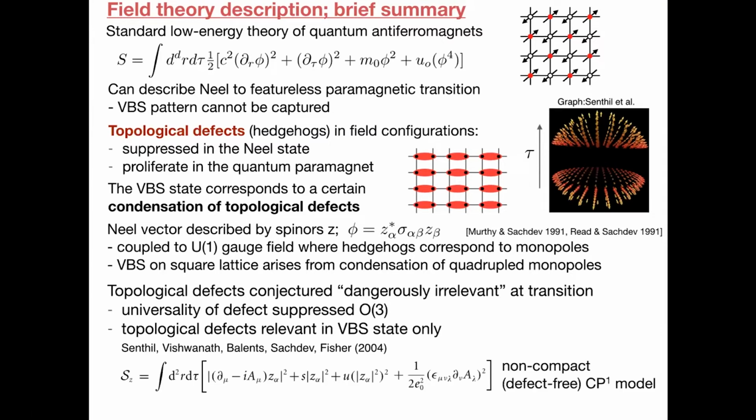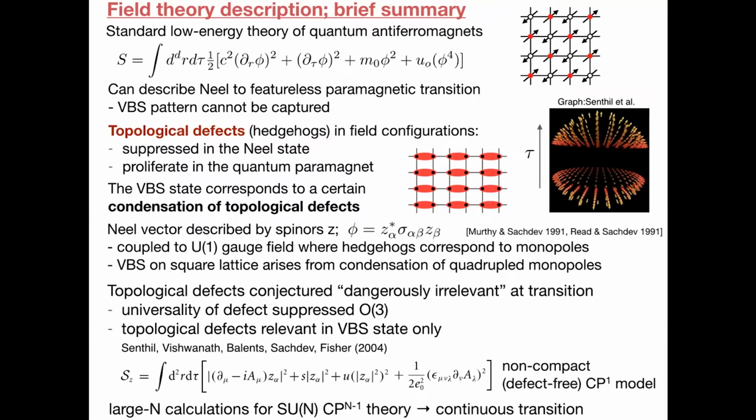I'm just flashing the picture, but this is one of the theories, the first one presented in the 2004 paper as the field theory describing the transition. But now, as you know, there are all these dualities, so there are many other alternative field theories as well, and I will come back to that a little bit.